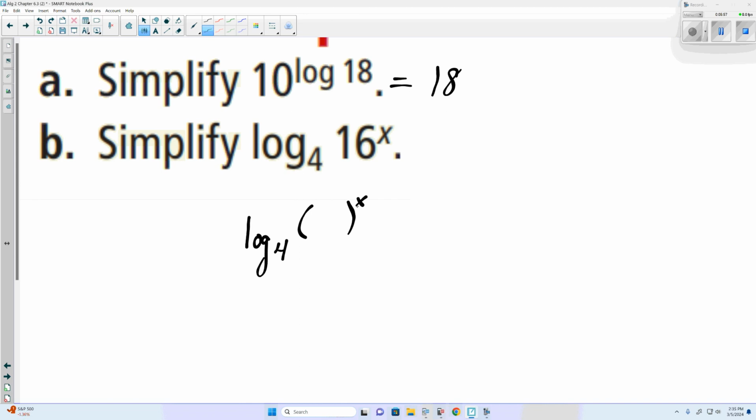How can I rewrite 16 as 4 to a power? 4 squared. Which really is just telling me that I have log base 4 of 4 to the 2x, which is what? 2x. Yeah. Questions on this here? Are you ready for the next part?